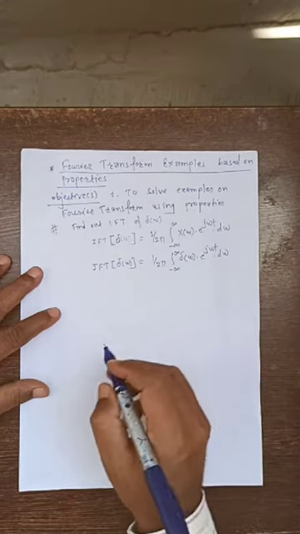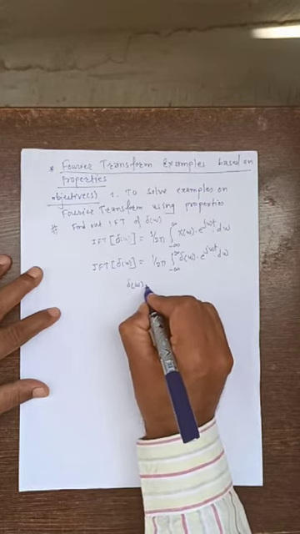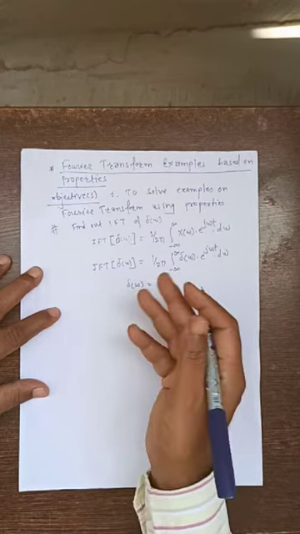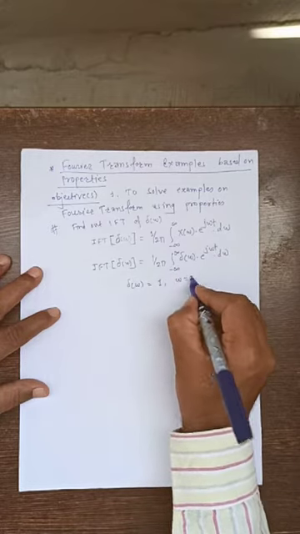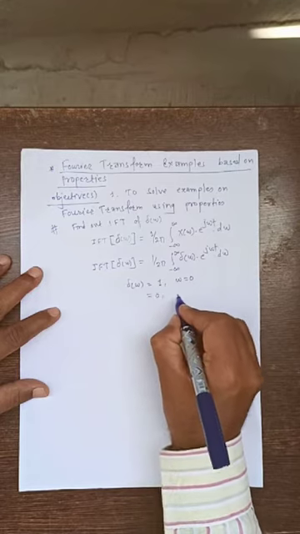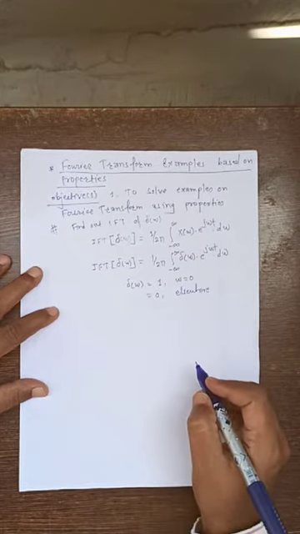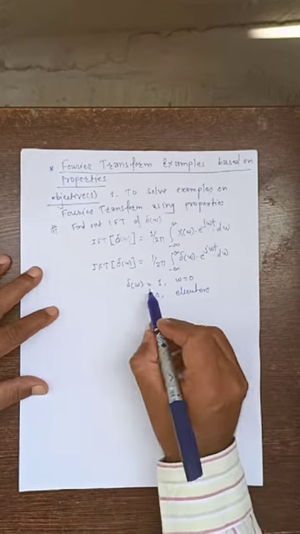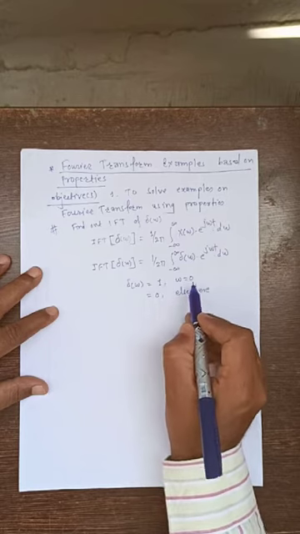d omega. Okay. Now delta of omega is the impulse signal. It is equal to 1 when omega is equal to 0, and 0 elsewhere. So this signal is present only at omega equal to 0.